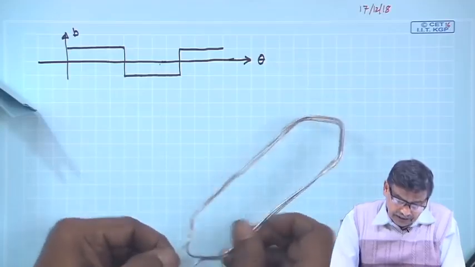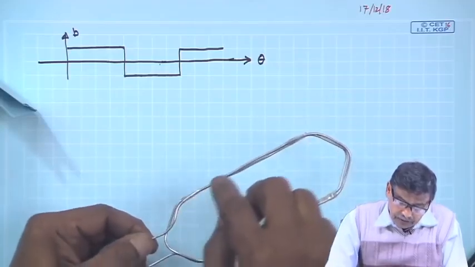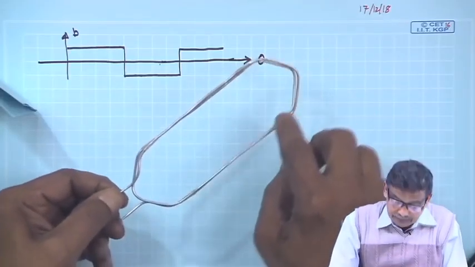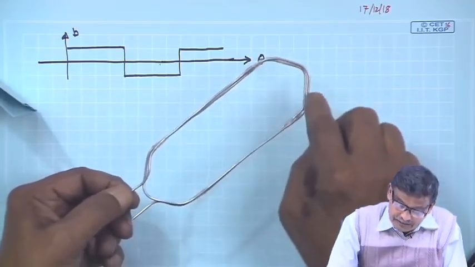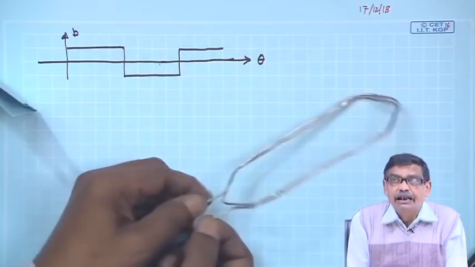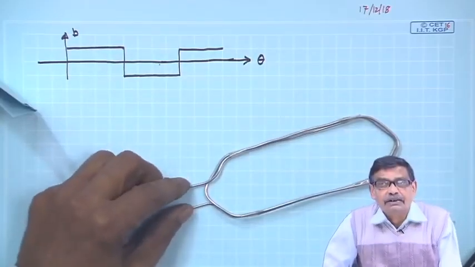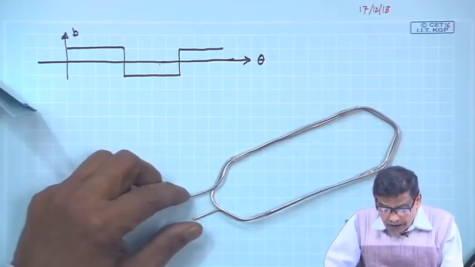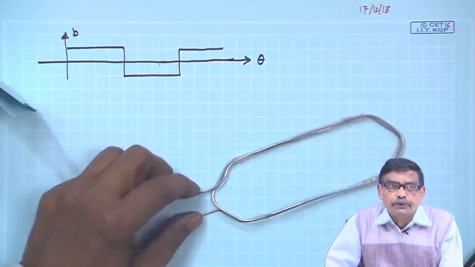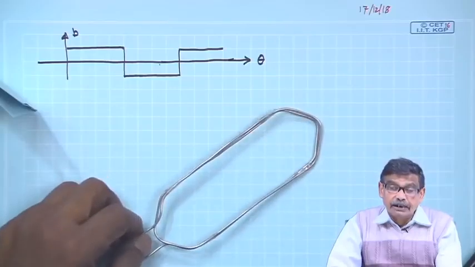I have taken a conductor, it goes like this once, comes back, then once again goes to the same slot, comes back, and ultimately you will have these two free terminals, which I was calling x1, y1 or 1 dashed, things like that, because there will be several coils.